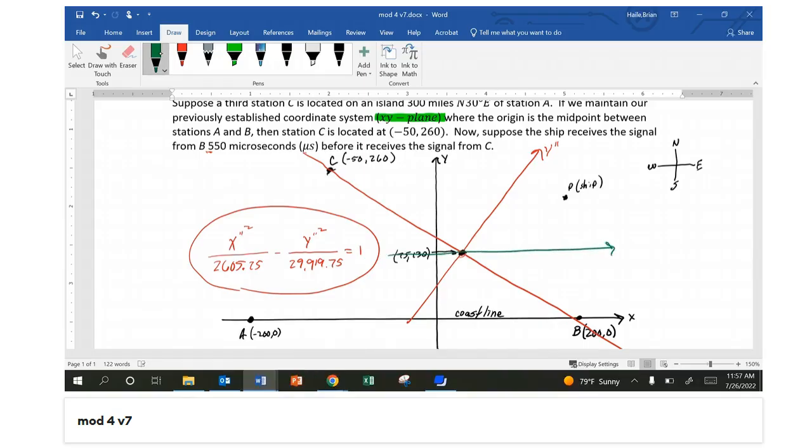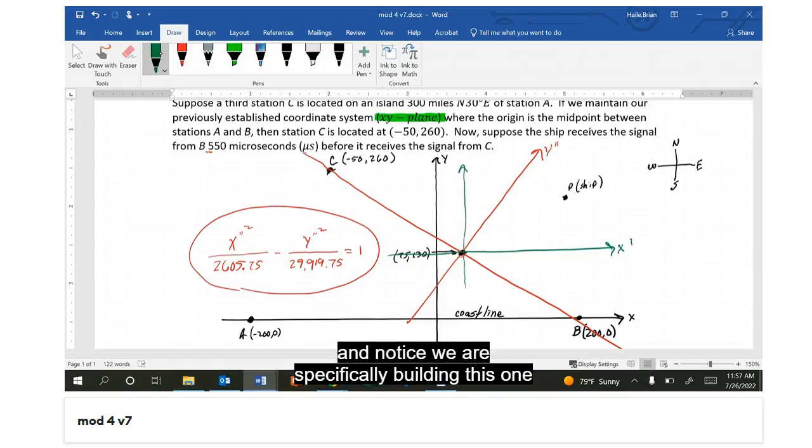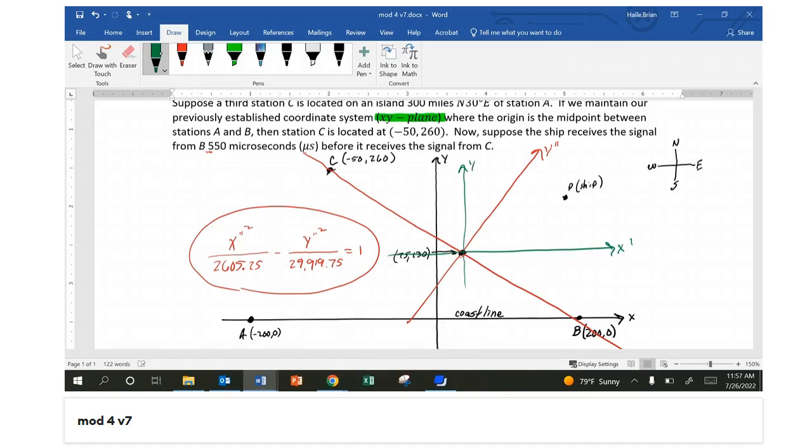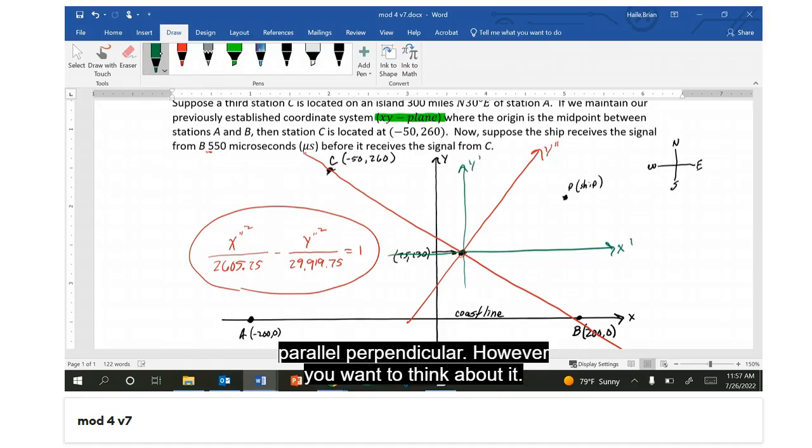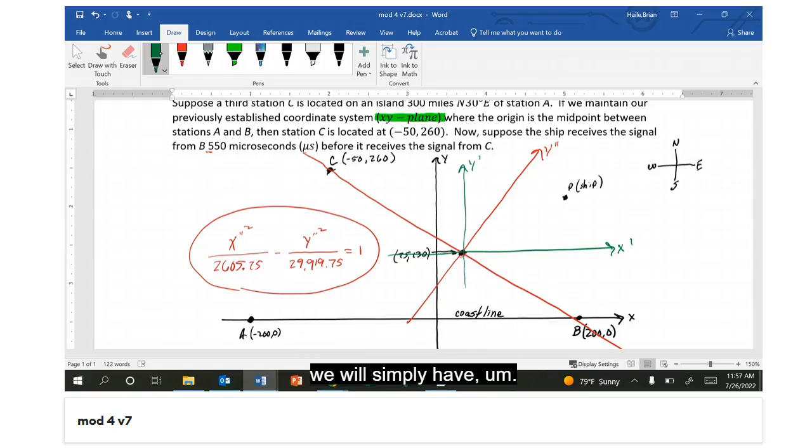This will be x prime, y prime, and notice we are specifically building this one so that the x prime is parallel to x and y prime is parallel to y.